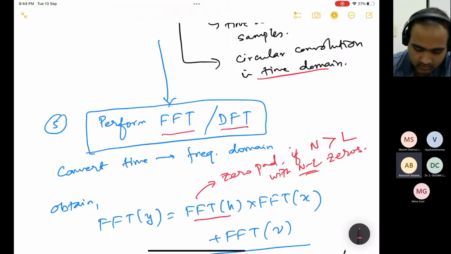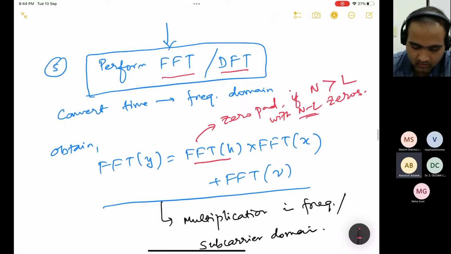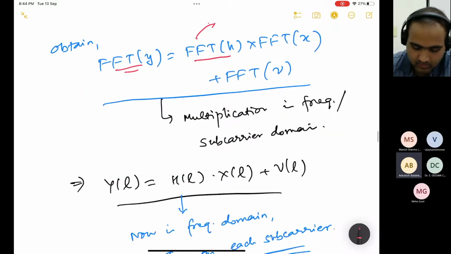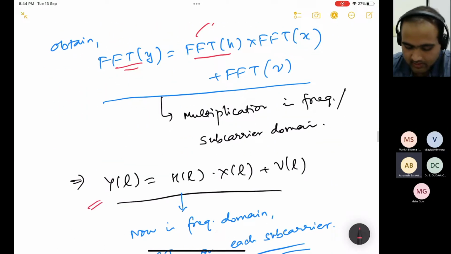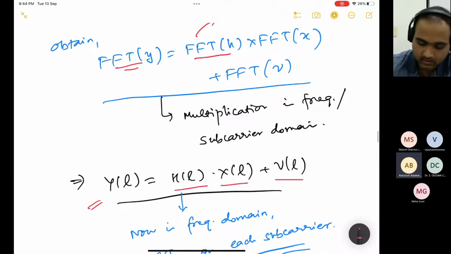Now if we convert the time domain symbols to the frequency domain, then you will be receiving Y_l = H_l X_l + V_l. This is in the frequency domain.